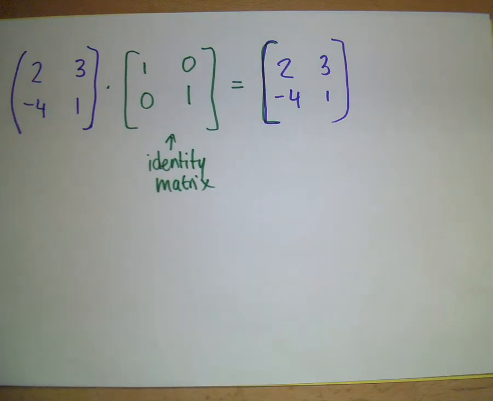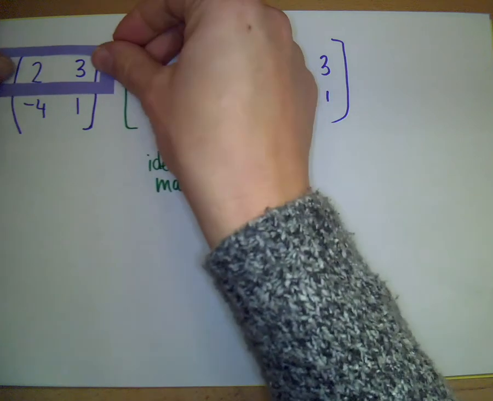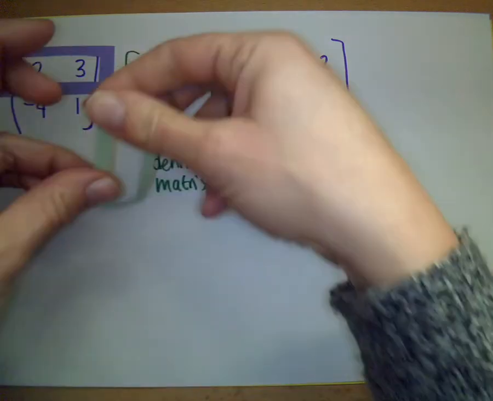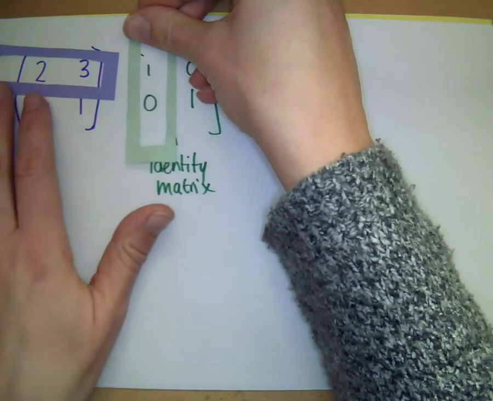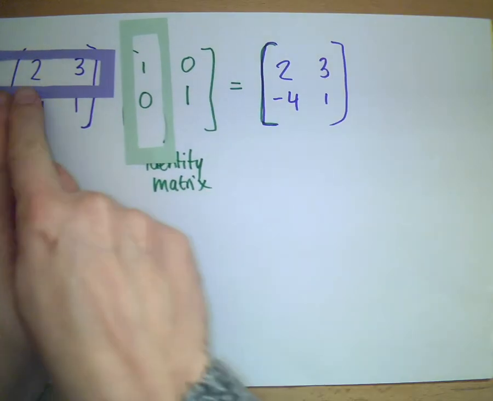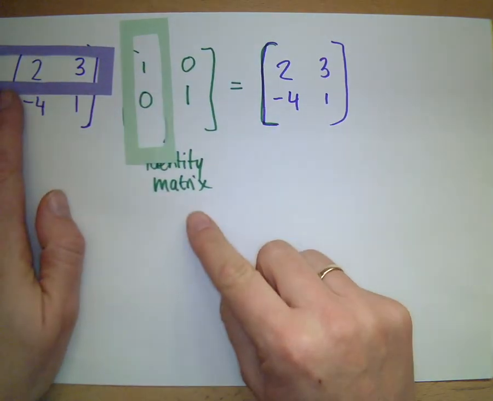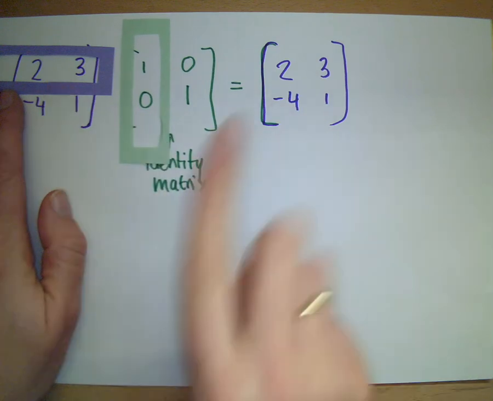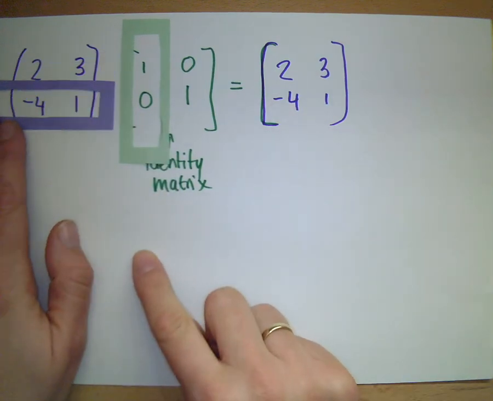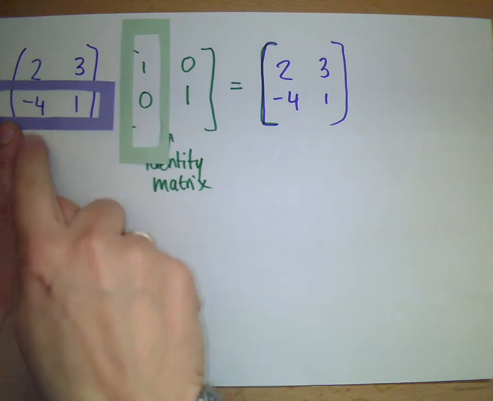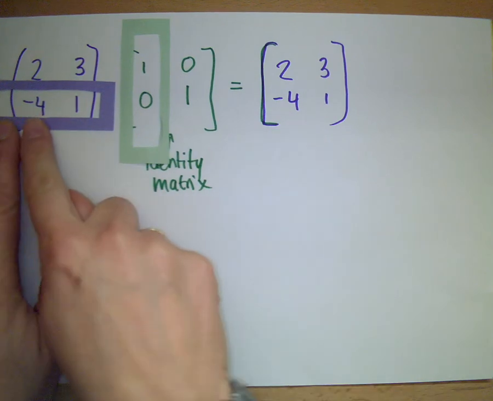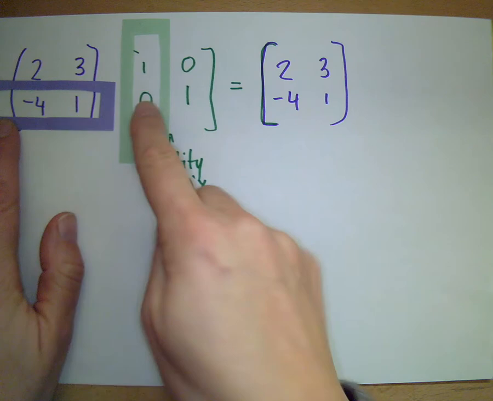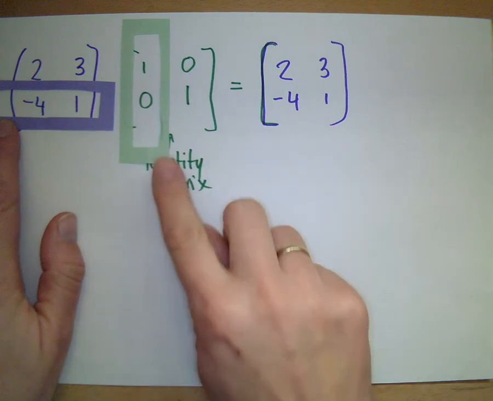Let's see if this is even true, because I just wrote that it's true, but maybe you don't trust me. First row, first column, 2 times 1 is 2. 3 times 0 is 0. 2 plus 0 is 2. Second row, first column, minus 4 times 1 is minus 4. 1 times 0 is nothing, so minus 4.